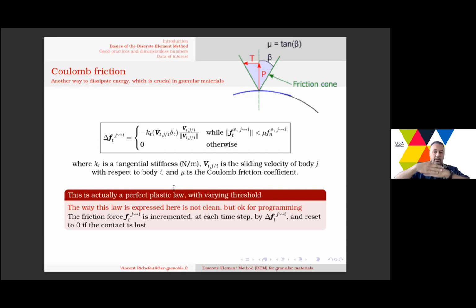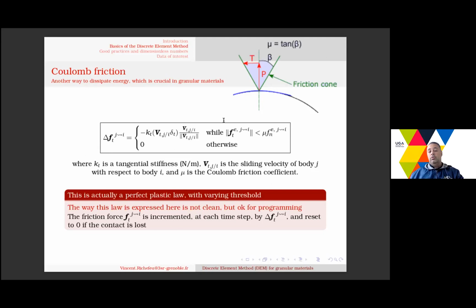If we've got two particles that are in contact in friction, at the given threshold, which is proportional to the normal force, the tangential force will not evolve anymore. It will be stuck to this limit. But if the normal force changes, it can change also.